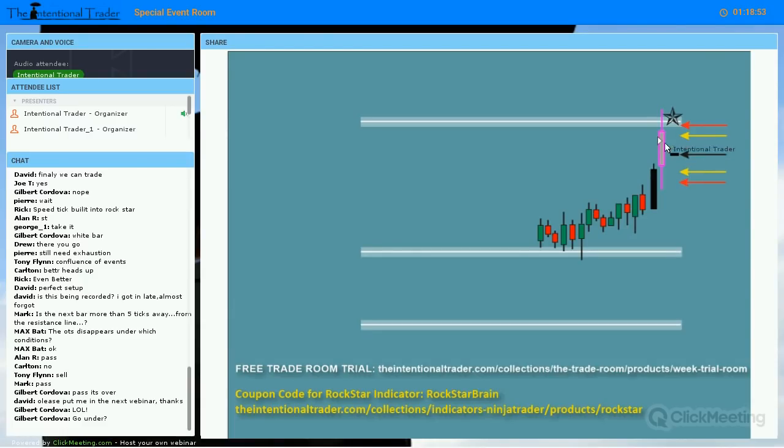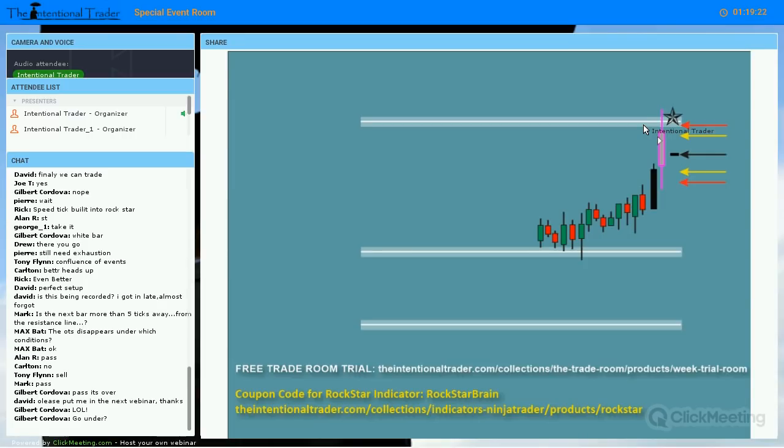But what happens is this is my safety net. This is airbags, people have called it. If I get stopped out before this wall, this line of resistance, has any chance to help me, then what good is it? So I'm not going to take this trade because I'll get stopped out right when I have this potential.